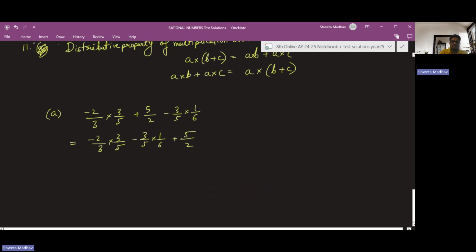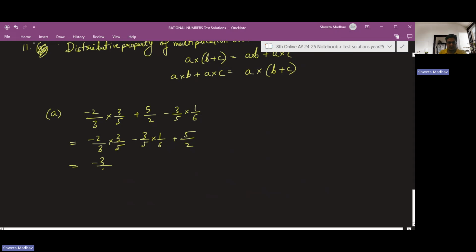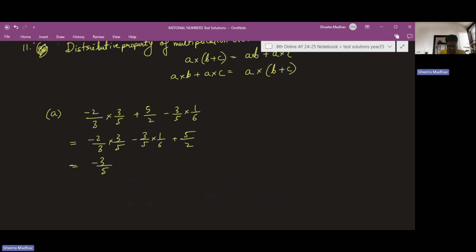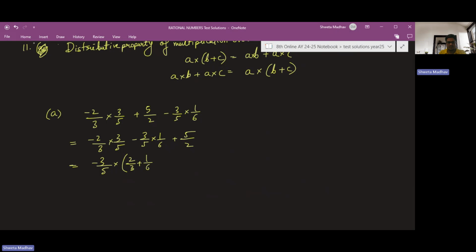Now from the first two terms, we can take minus 3 by 5 as common. And then we can say this into (2 by 3 plus 1 by 6) and then plus 5 by 2.